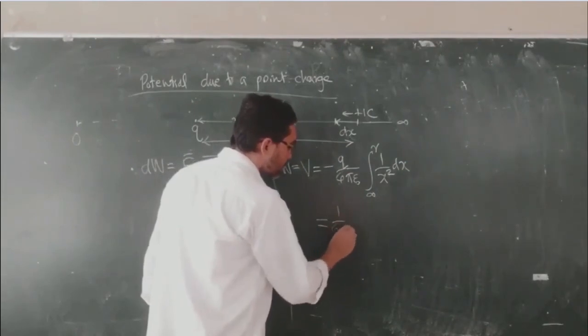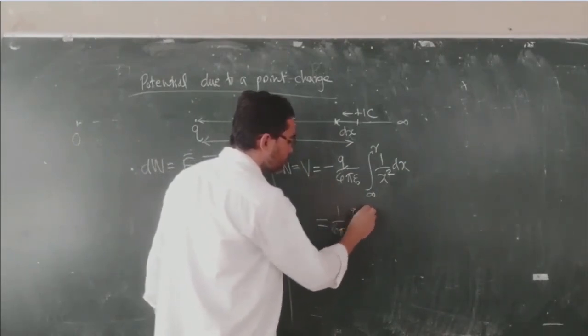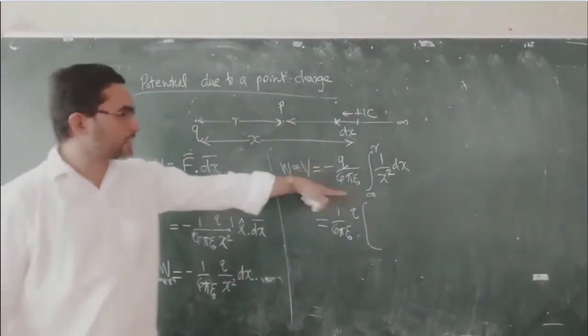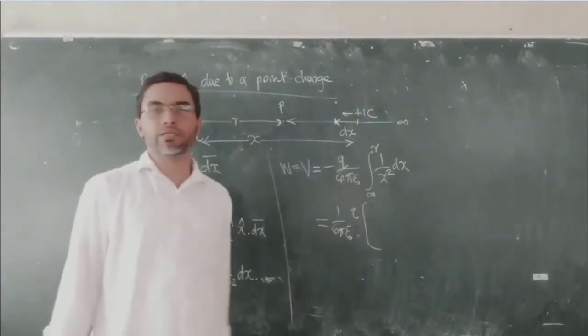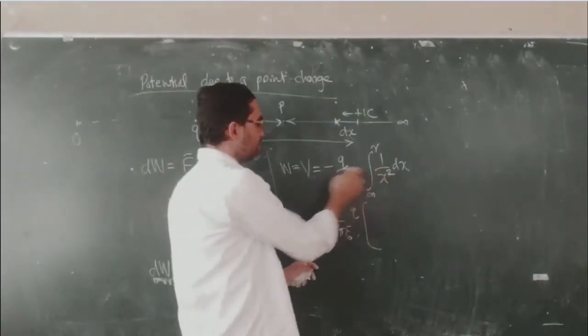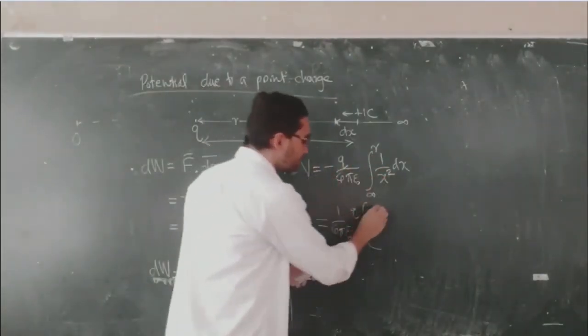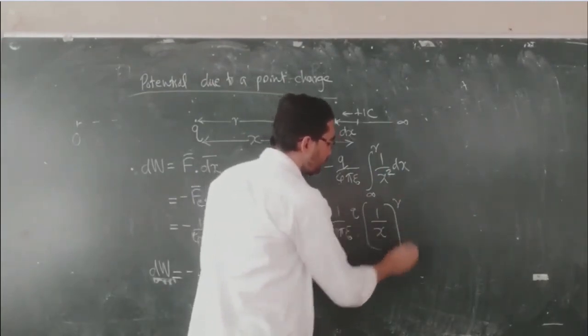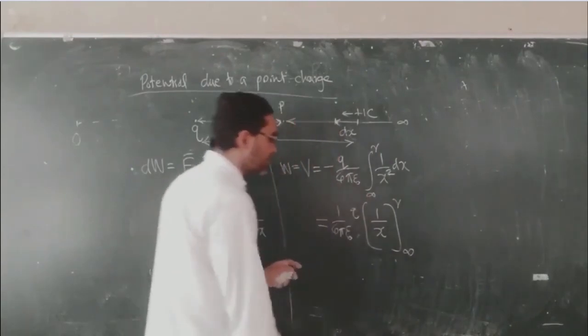What is the integral of 1 by x square dx? It is x raised to minus 2 plus 1 by minus 2 plus 1, so it is minus 1 by x, and that minus into minus becomes plus. So it is plus 1 by x, with upper limit r and lower limit infinity.